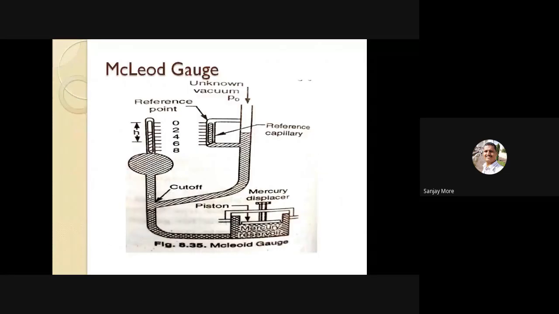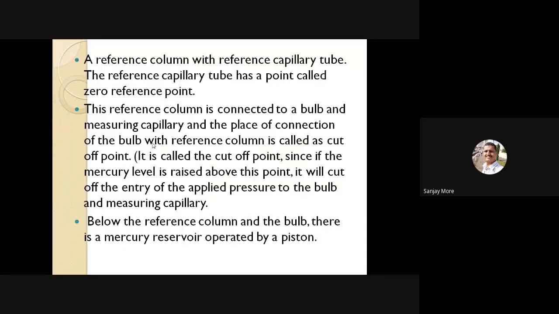Okay. Here unknown air is present, unknown vacuum is present. Then when applying force on the piston, the piston locks the vacuum, and this unknown vacuum gets compressed, and this compressed vacuum creates some pressure, and this pressure indicates the reading on this height with the help of the height.